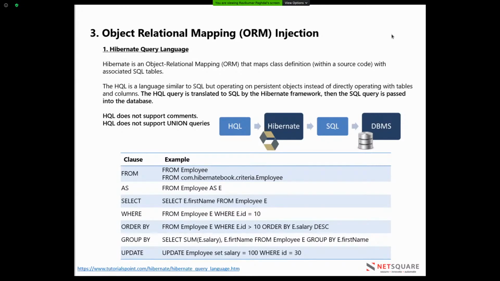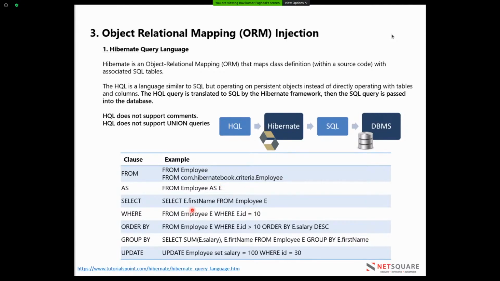In the from clause, it's from Employee. It's something like, in the employee table, they need some data, from your whole object path or package path, com.hibernatebook.criteria.Employee. So it will load the whole object, or you can say the package stored in the particular object. You can assign some aliases like Employee as E, and then later we use E.columnName.